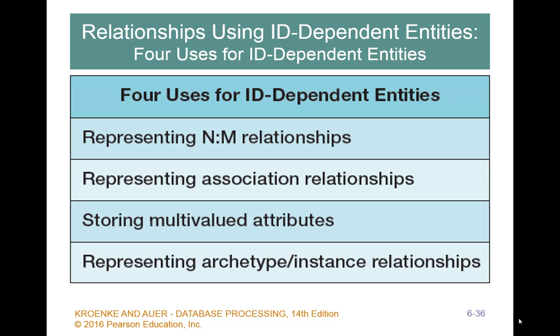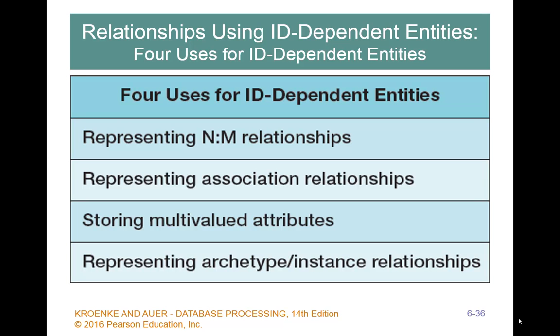So when we start talking about ID-dependent entities, typically we're going to have four uses for ID-dependent entities. An ID-dependent entity is how we represent many-to-many relationships. Again, if we have a many-to-many type relationship, we're going to break that down into one-to-many relationships.